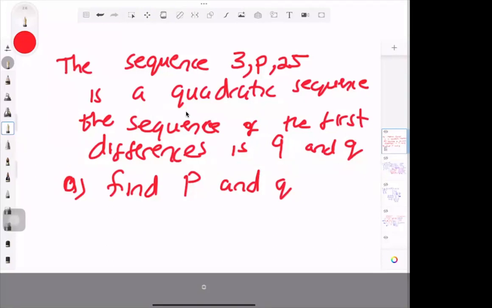I see P equals to 12. I see P is 14. There must be a mistake there. Q is 13. I see quite a few P is 12 and Q is 13. Okay, let's see.